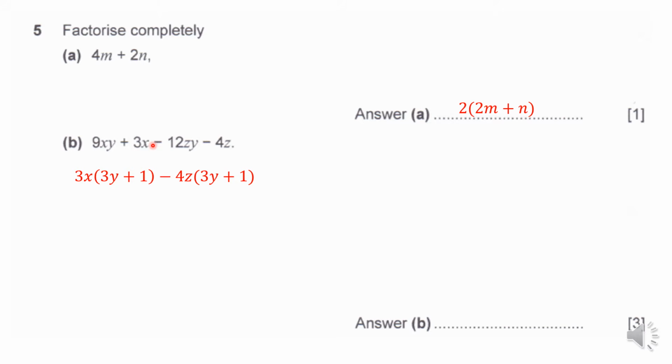And here a negative and a negative, so I take out a negative, and 4 goes into 12, and 4 goes into 4, and they have a z and a z here, so negative 4z is common. And in the bracket you should have the same expression. Multiply back, you realize you get those values. Just be careful when you take out a negative: a negative times a positive will give you a negative. So eventually everything that is outside the bracket, you put in its own bracket, and the common brackets you only write once. If you were to multiply out this expression, you'll get back to the original expression.